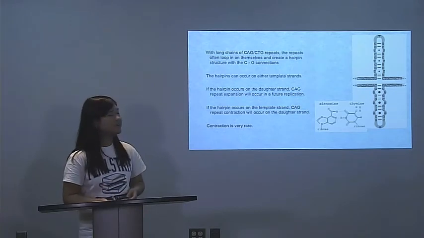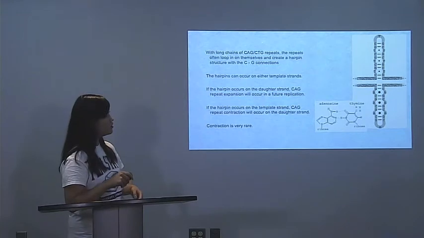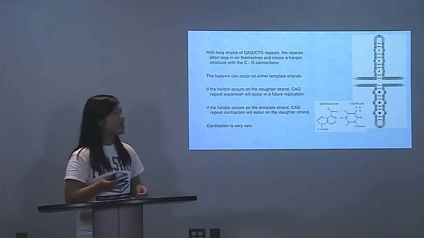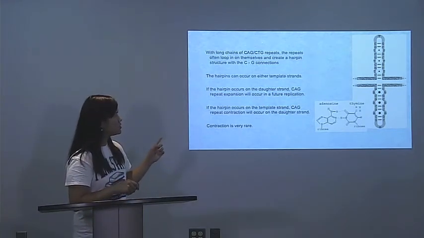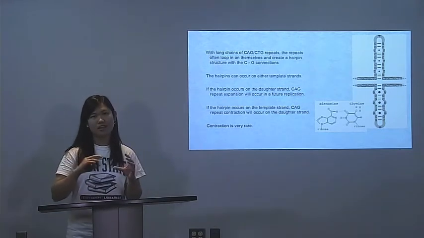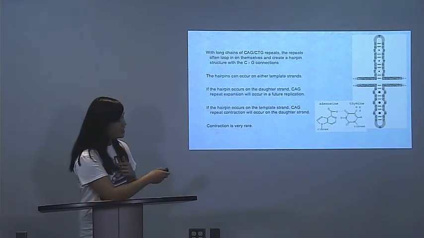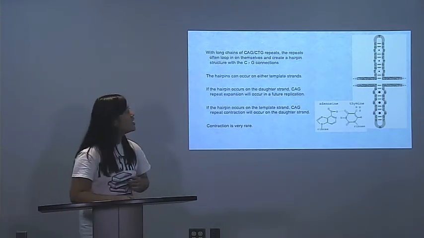But all we know right now is that they trip, and then they add more CAG repeats onto the daughter strand than those that were originally on the original strand. So on the daughter strand, the extra CAG repeats are going to form a hairpin, kind of like this one.